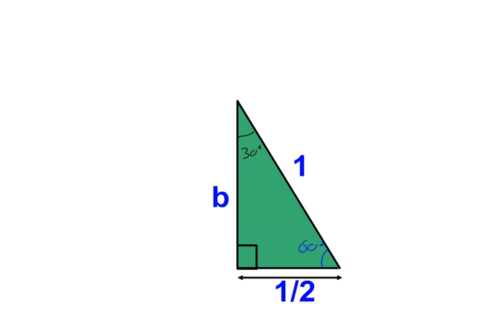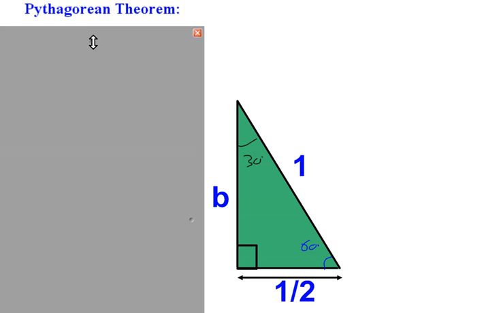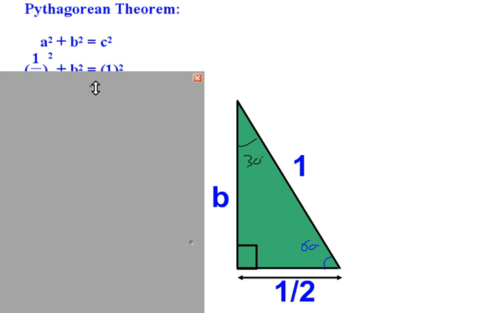We can find the third side length b by using the Pythagorean theorem. We remember the Pythagorean theorem: a squared plus b squared equals c squared. Substituting the values, we have (1/2) squared plus b squared equals 1 squared.